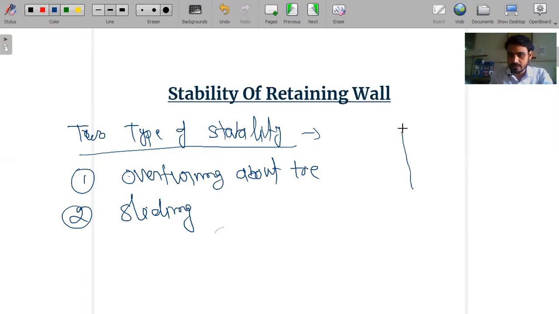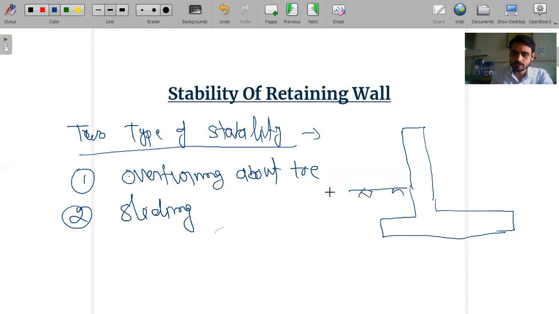We can understand here. Suppose this is our retaining wall. This is base of retaining wall. Okay. That is the original ground level, and that is the soil filling. Okay. Here, this is the depth of foundation, and that is height of soil back filling.